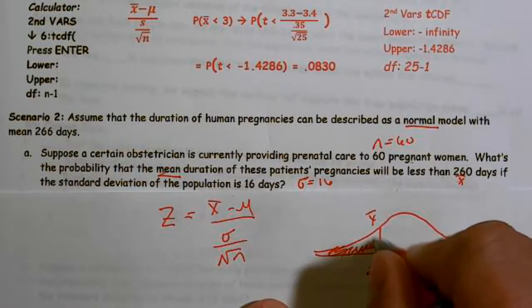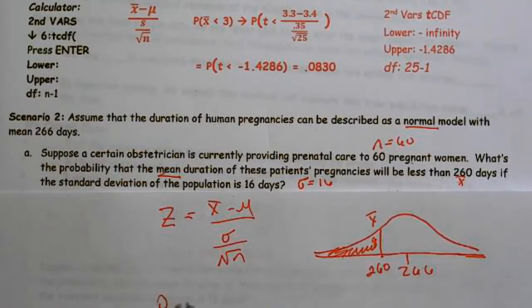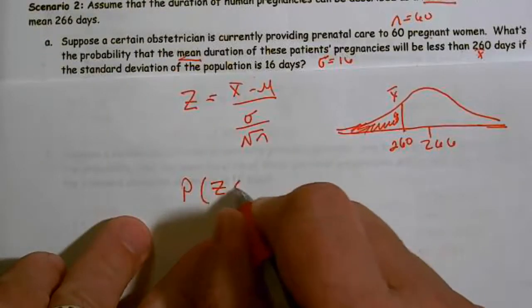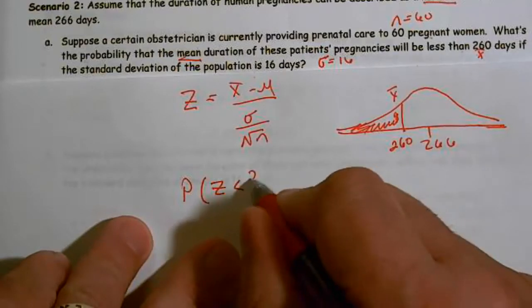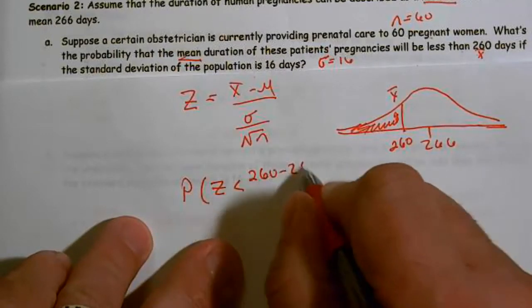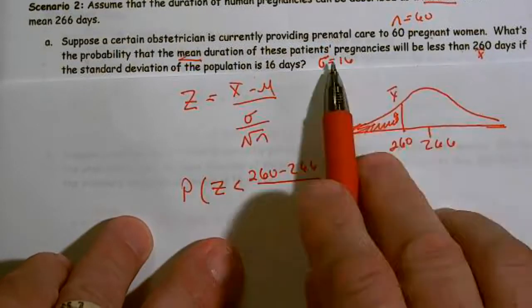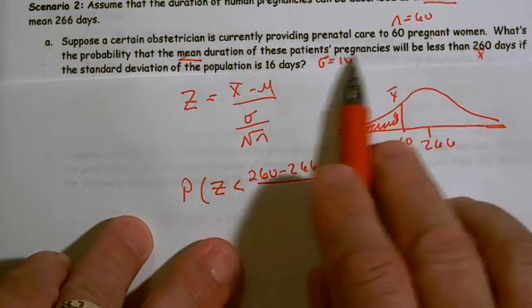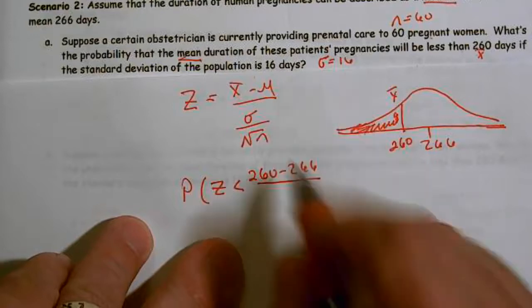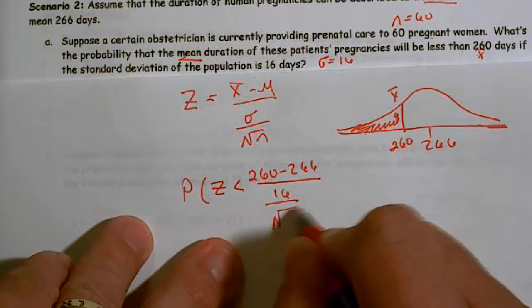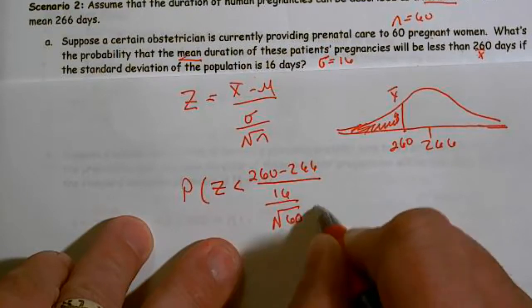So we're shading this way. So we want the probability that Z is less than 260 minus 266 over 16, the standard deviation of the population, divided by the square root of 60.